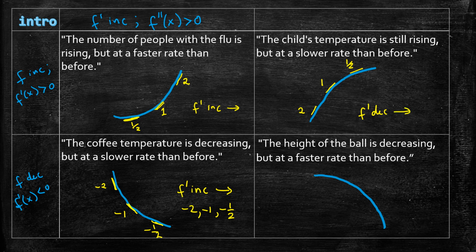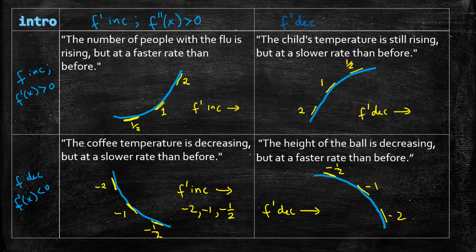Is that also true here? Well, in a negative sense, this is -0.5, -1, -2. So it's becoming more negative. So f prime, again, is decreasing as we move from left to right. So in the right-hand column, we see that f prime in both cases is decreasing.